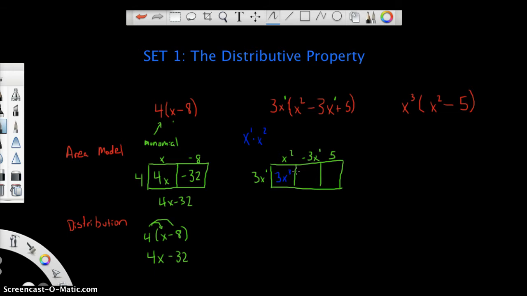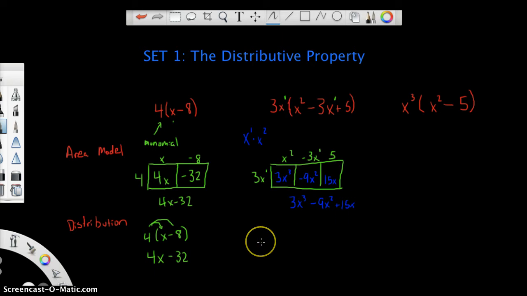Now I have 3 times -3, which is of course -9. x to the first times x to the first, I add up 1 and 1 and get 2. And the last one's fairly straightforward: 3x times 5 is 15, and just with an x. So I have 3x to the third, take away 9x squared, plus 15x. And I can't simplify any further because I don't have any like terms to combine.